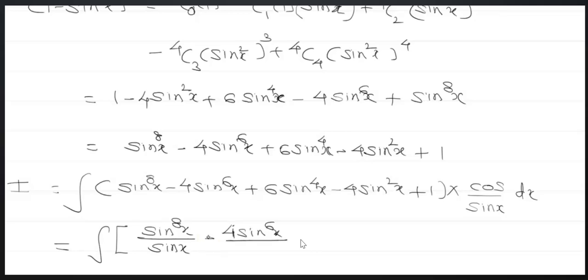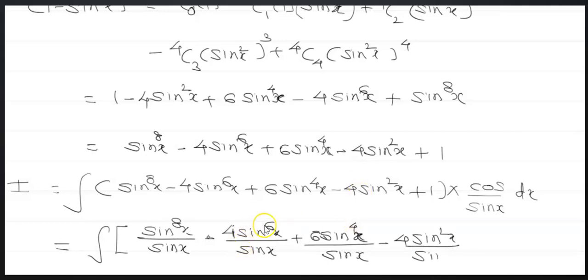Now divide all the terms by sin x: sin of x raised to 8 upon sin x minus 4 sin of x raised to 6 upon sin x plus 6 sin of x raised to 4 upon sin x minus 4 sin square x upon sin x plus 1 upon sin x, into cos x dx.